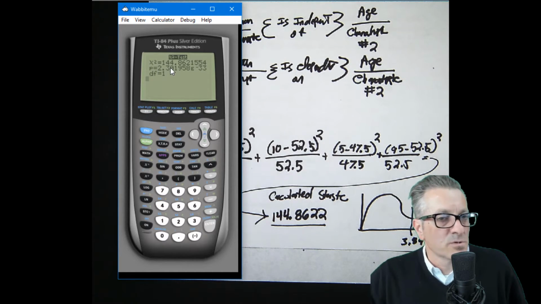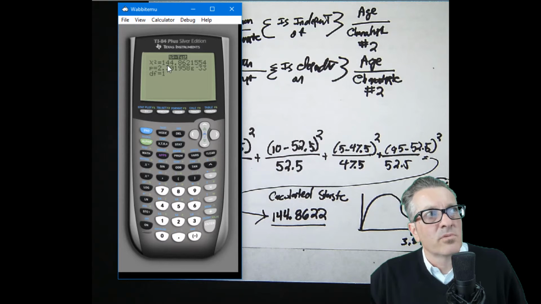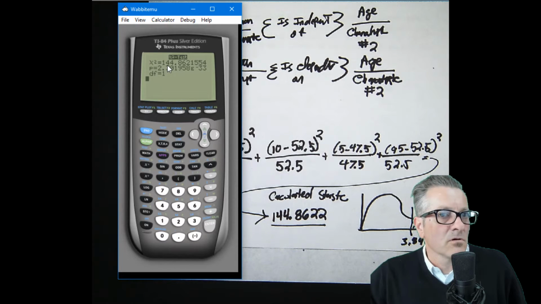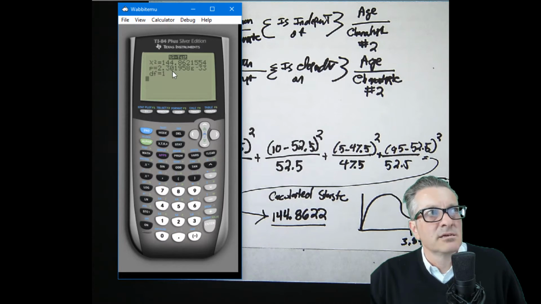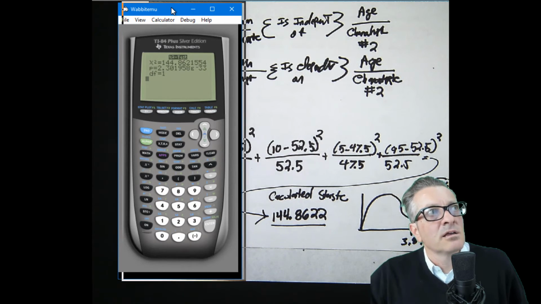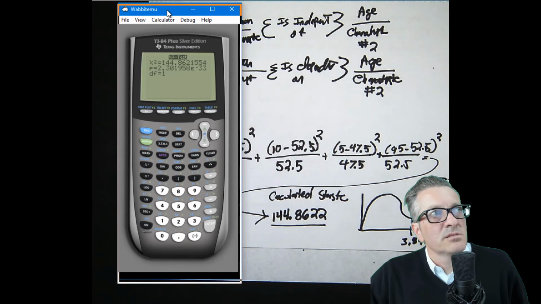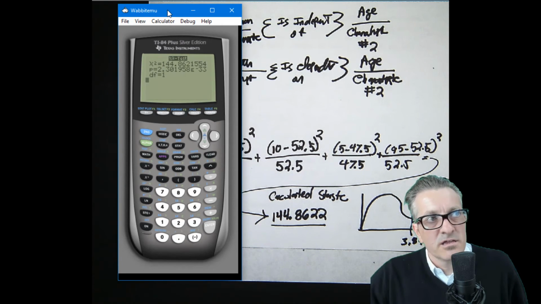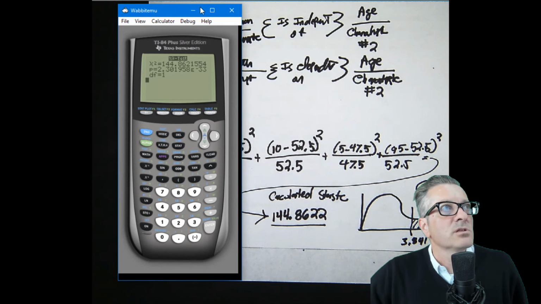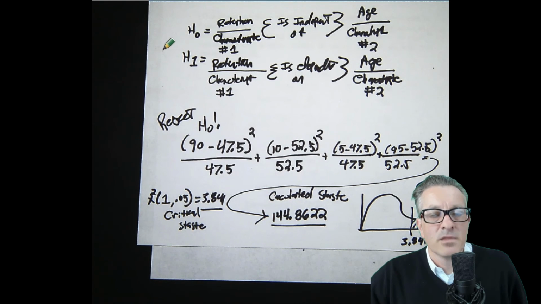So the p-value is really small, which means the probability of coming up with that data just by sheer chance is pretty small, which means we reject the null hypothesis. So that's how you do this on the Texas Instruments TI-84, 83 variant, and this is how you do it when you write it out by hand. So thank you.